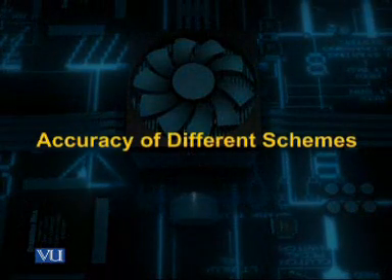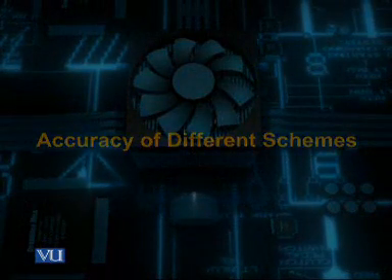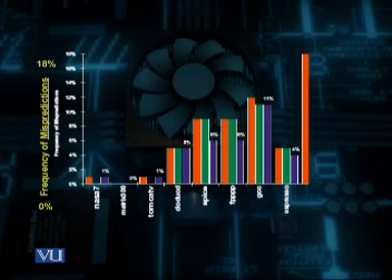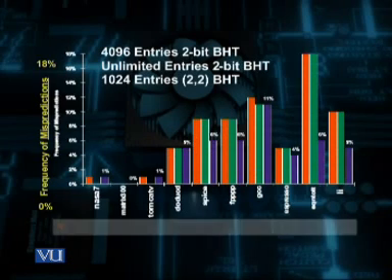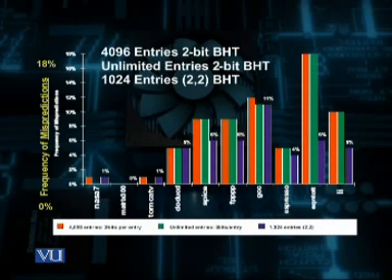Here in this graph, you can see the accuracy of different schemes: a 4K-entry 2-bit branch history table, an unlimited-entry 2-bit branch history table, and a 1K-entry (2,2) branch history table, that is the correlating predictor. These three types of predictions and their accuracies are shown in three different colors.